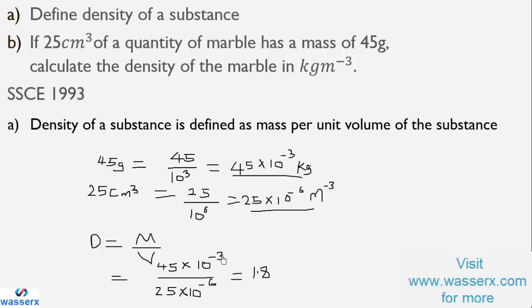The law of indices is to keep the base and subtract the exponents, giving negative 3 minus negative 6, which is 6 minus 3, so 10 exponent 3. This is in kilograms per meter cube, as required.